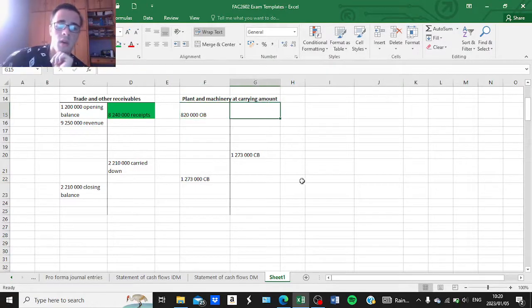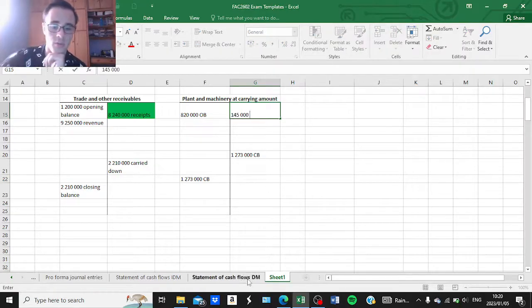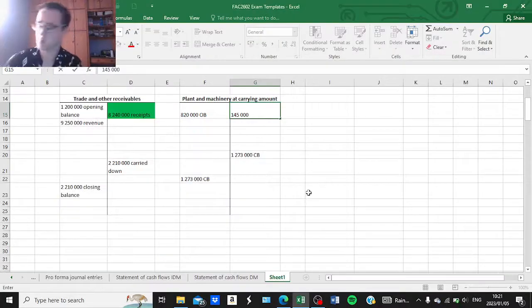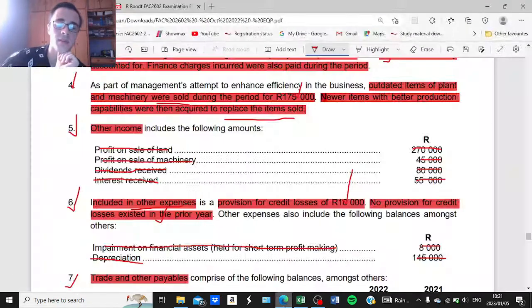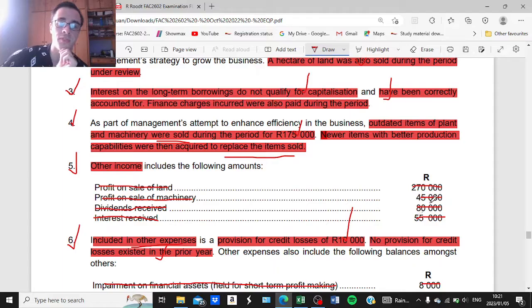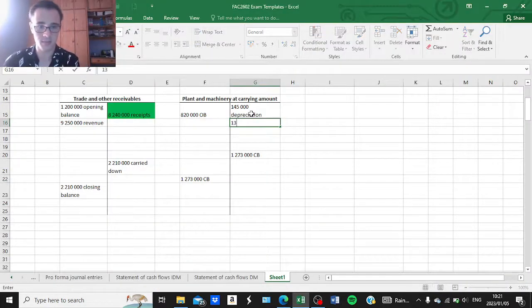We also considered the depreciation expense of 145, which was given in the additional information point 6. Then we have calculated the disposal at carrying amount, which was done by taking the proceeds of 175 and subtracting the profit that was made. So that should give us 130,000. Disposal at carrying amount.